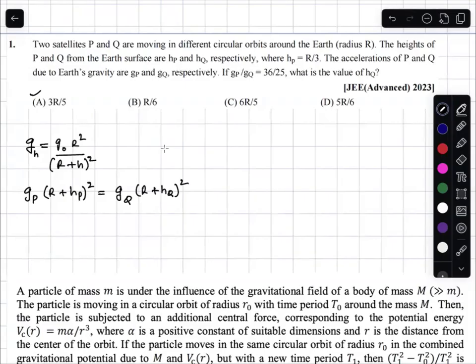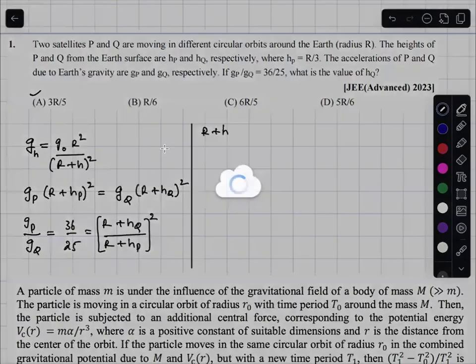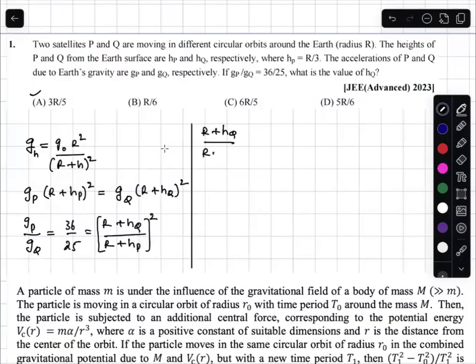Now the question is, they have given GP by GQ as 36 by 25, which according to me is (R plus HQ by R plus HP) all square, which means (R plus HQ) by (R plus HP) is equal to 6 by 5, which means 5R plus 5HQ is 6 times (R plus HP).